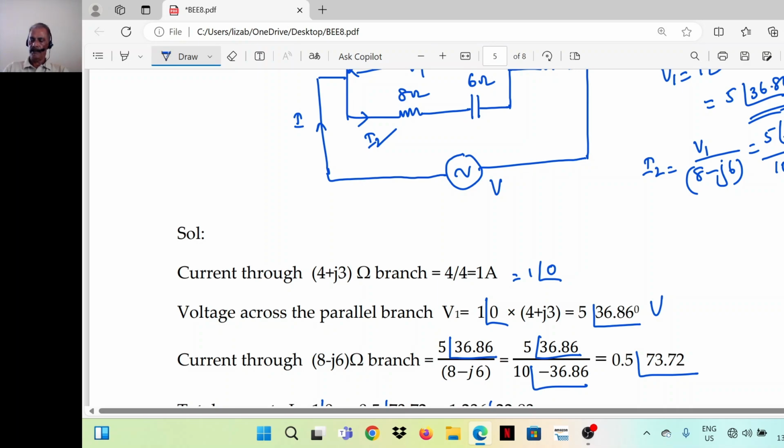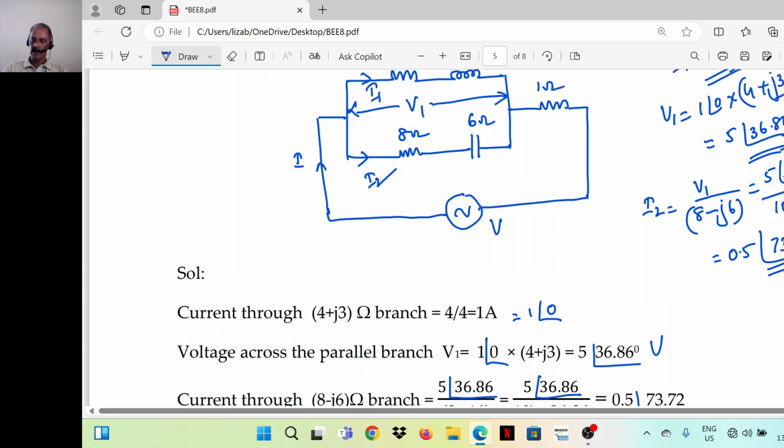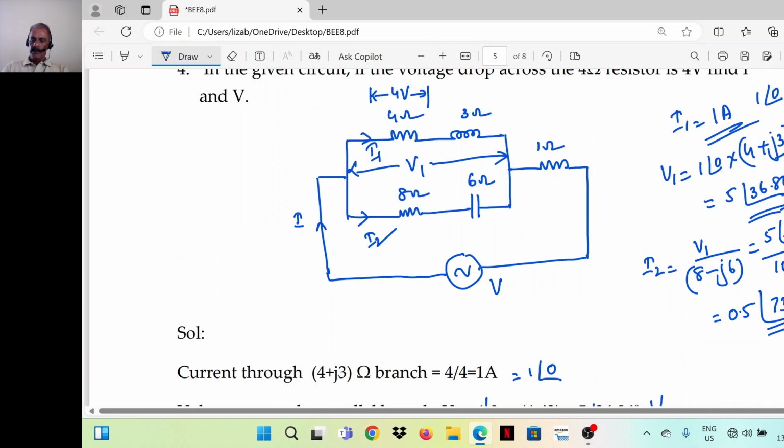That is 0.5 angle 73.72 degrees. So we got I1 and I2. We can find out the total current. So I1 is 1 angle 0. I2 is 0.5 angle 73.72 degrees. So total current is I1 plus I2.